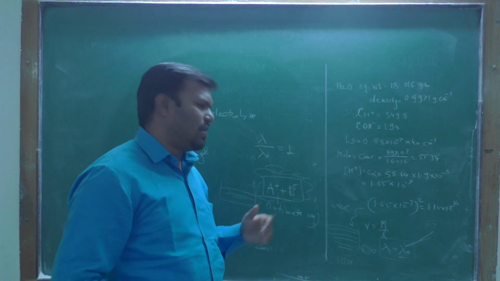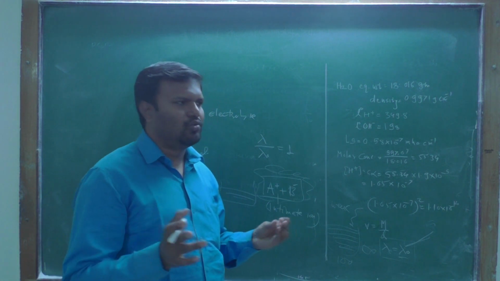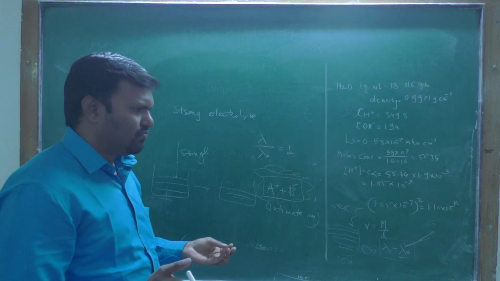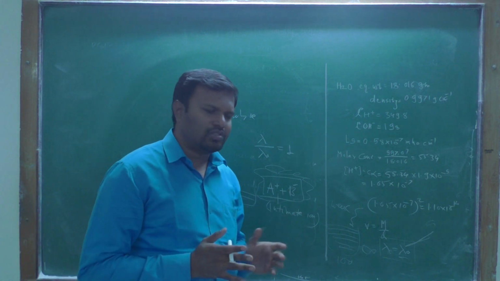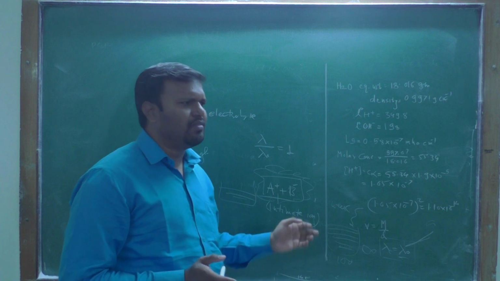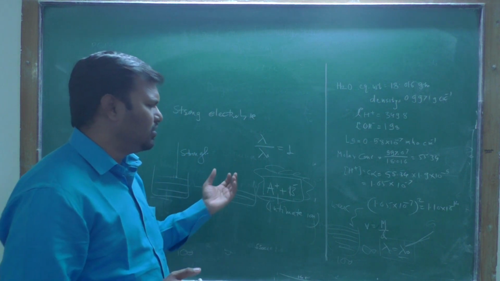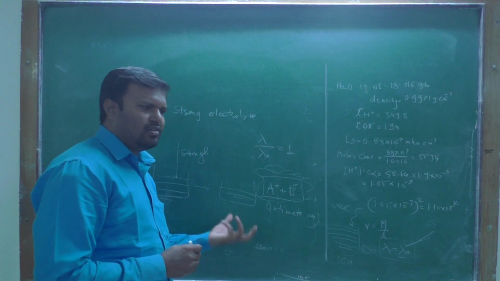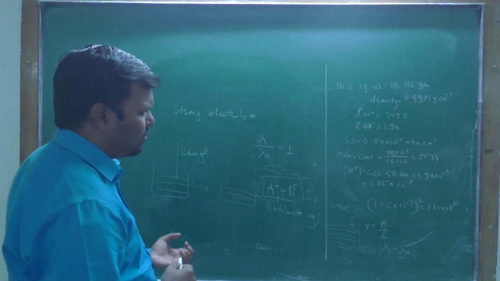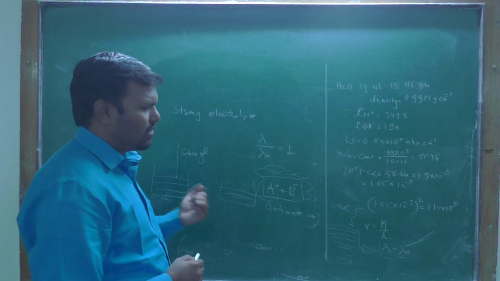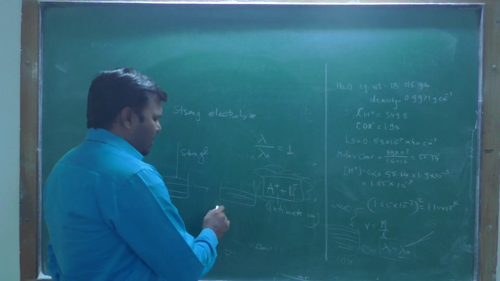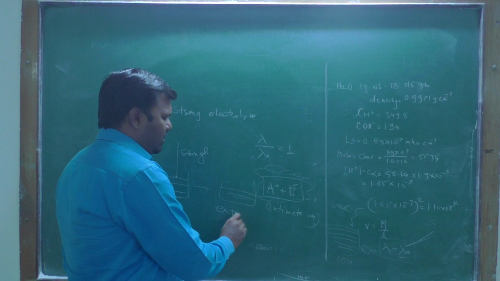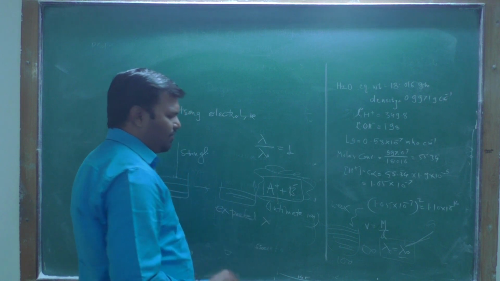Therefore, the migration of these ions to the respective opposite charge electrode is difficult, because they are very near to each other. So for a strong electrolyte at very high concentration, it does not give the expected lambda value.